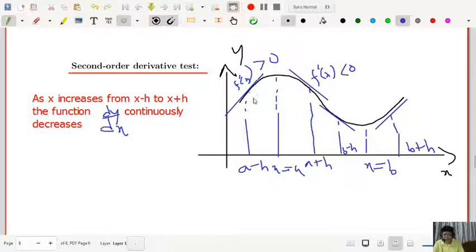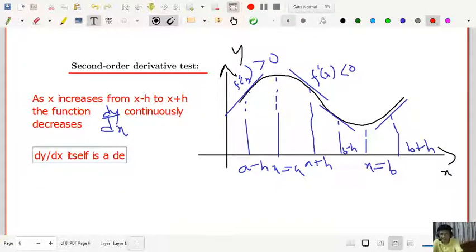So positive for x less than a and negative for x greater than a, that is dy/dx itself is a decreasing function. What we can say, dy/dx is itself a decreasing function.